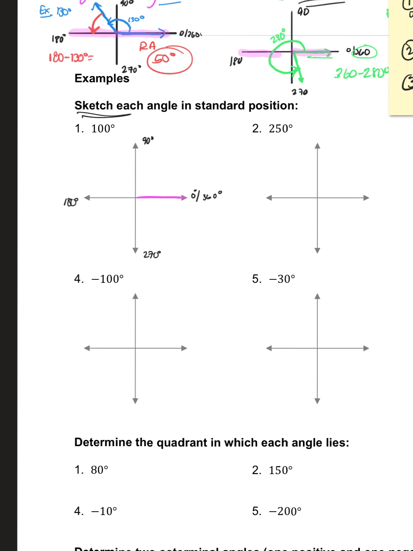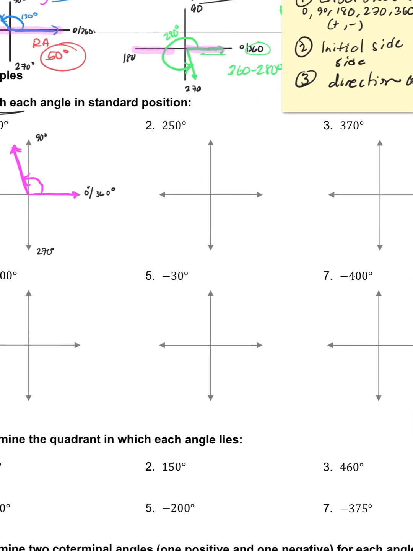Sometimes going all the way to the end is fine. And then 90 degrees is right here, then 100 is a little past it. So sometimes people draw the angle and then the direction that it's going. Sometimes people draw the directional part to where they want it and then draw the angle. I think it just depends on what you like to do. And that's what's expected. So let's try number 2.